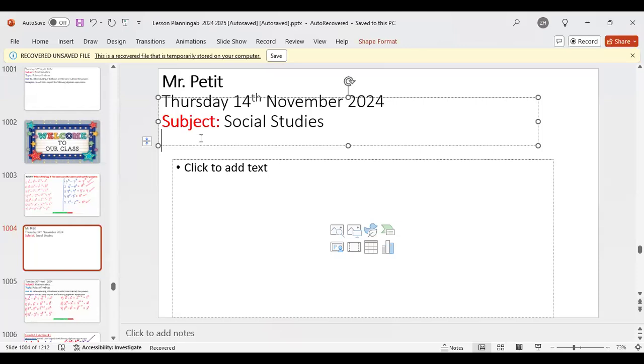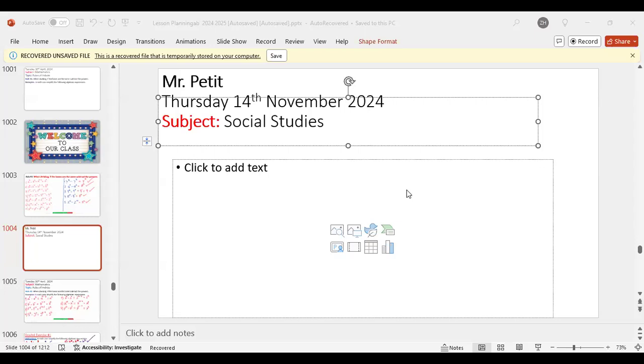What was the name of the king and queen who was responsible for financing him? King Ferdinand and Queen Isabella. Thank you.